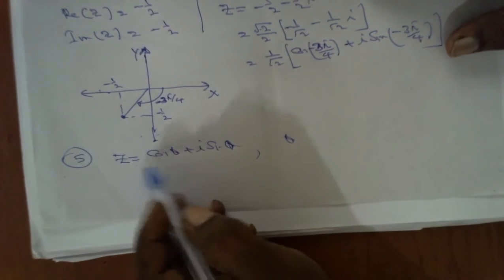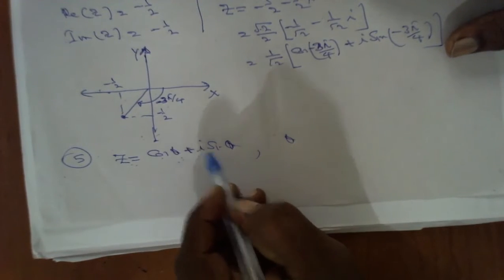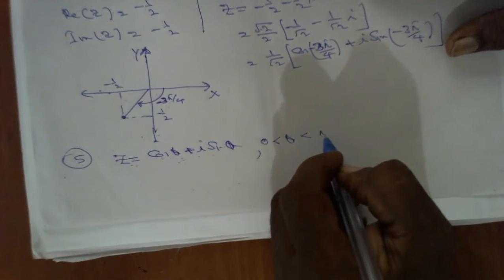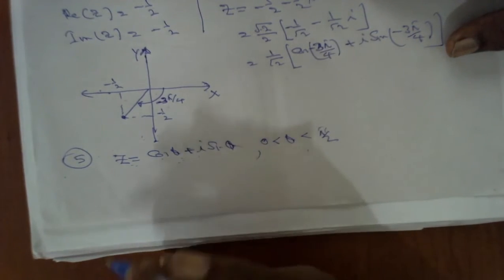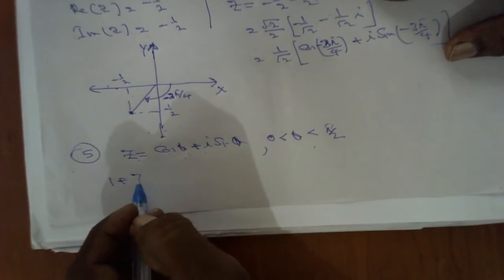So this is given. Then you have to express 1 plus g in polar form.